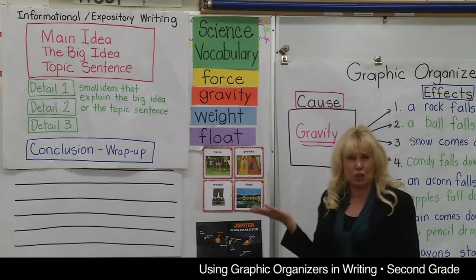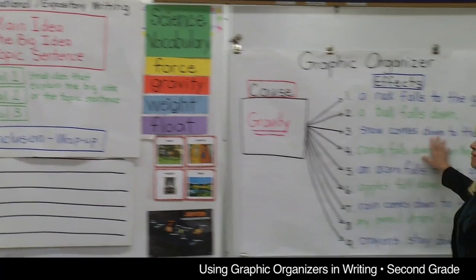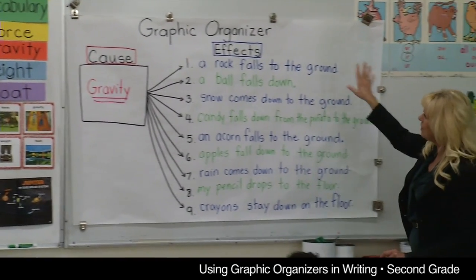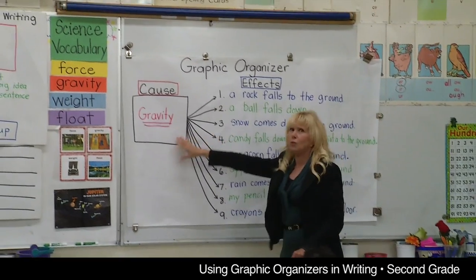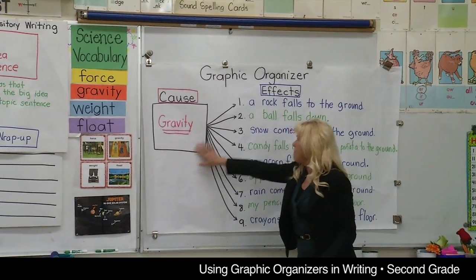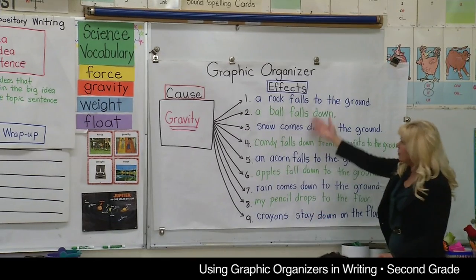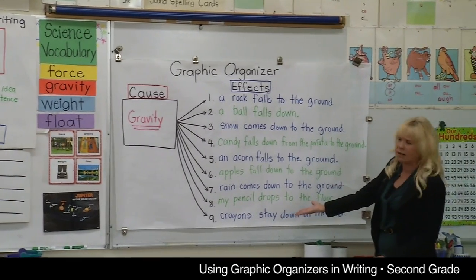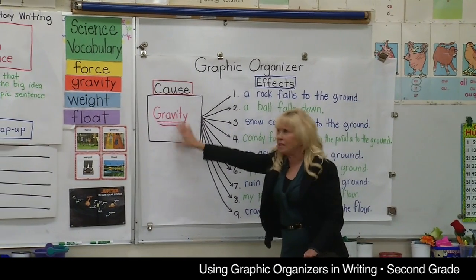Let's see, we've got to start with our big idea. So now we go back to our graphic organizer and let's see, what was this whole big idea? Well, didn't we say that gravity makes many, many things happen? Yes, look at all these things that gravity makes happen. So we could make that our topic sentence.